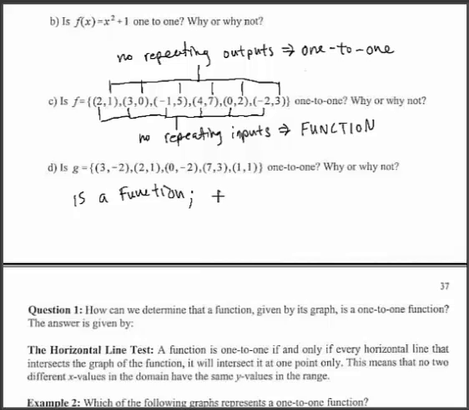So in other words, we have an output, -2, and if we reverse the mapping, it gets mapped to two different inputs, 3 as well as 0. So we say this is not one to one.